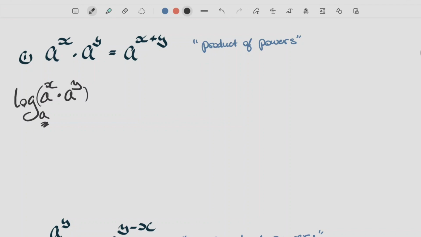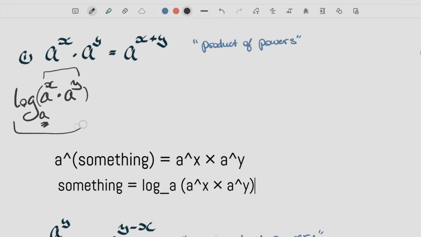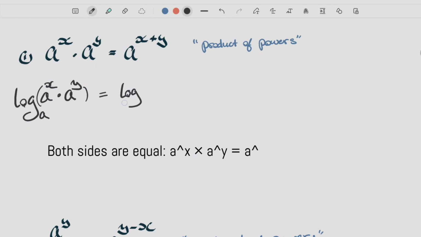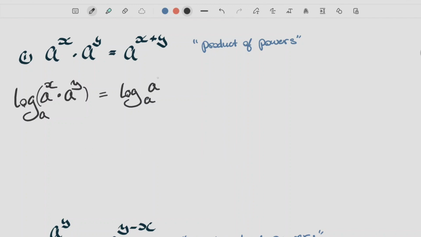So this is a raised to something equals this. Equal to, because they're both the same overall value, right? Just to take that, a to the x plus y.